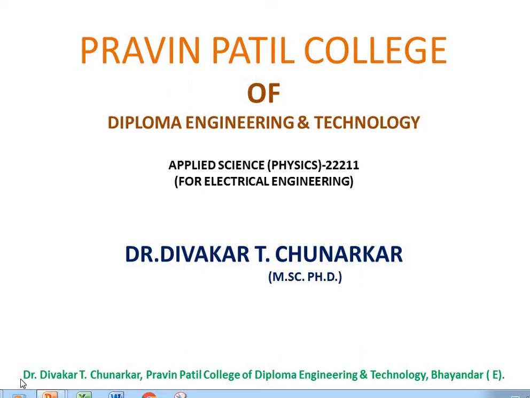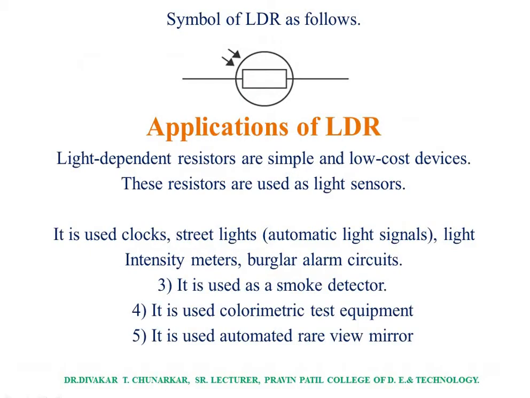It is a type of semiconductor whose conductivity changes with the intensity of light. The principle of LDR is that its electrical resistance decreases with an increase in the intensity of incident light.